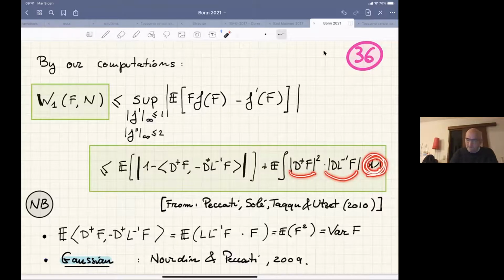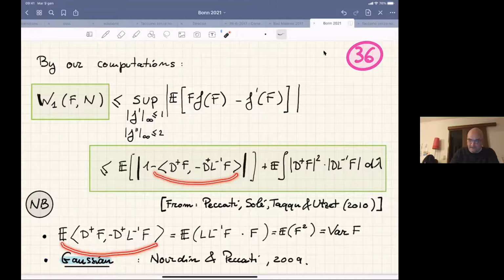Okay. So we proved this result in 2010 with Soleta for MZ. And also observe that still by integration by parts, the expectation of this guy here, so I can go backwards in my integration by parts formula, and the expectation of this guy here can be proved immediately to be equal to the variance of f.